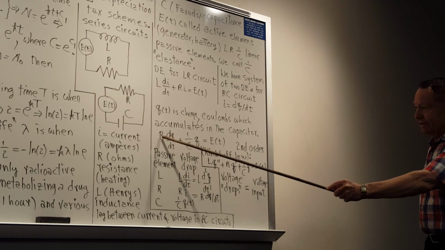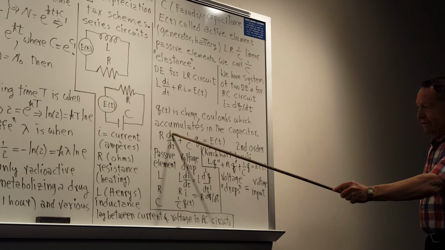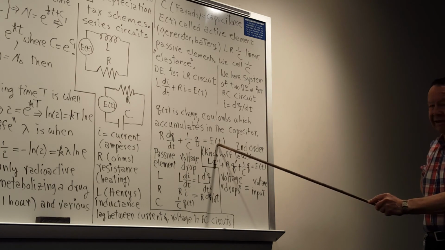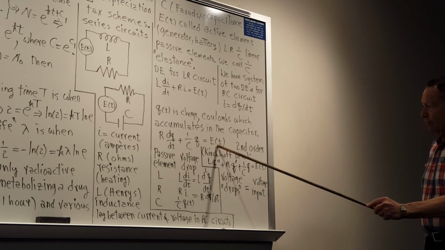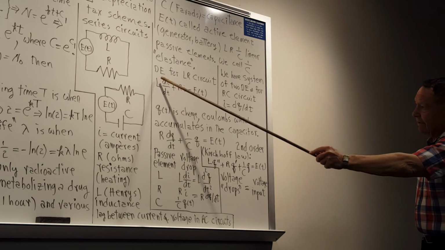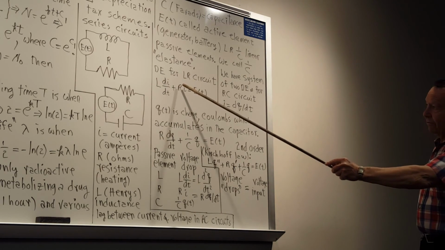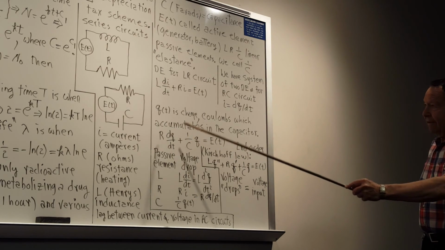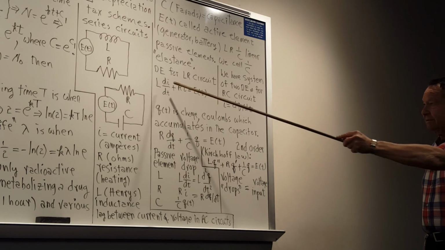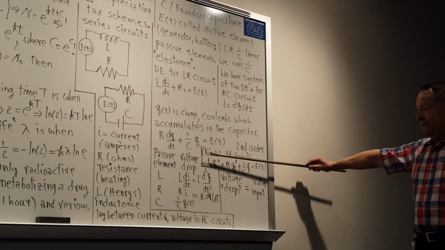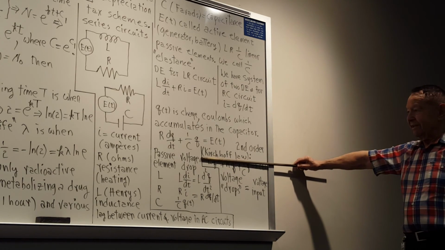The charge accumulates in the capacitor. That one looks like resistance times dQ/dt plus elastance times Q is the voltage from the active element. These products, like L di/dt or Ri or R dQ/dt, are volts. These products are called voltage drops. And the Swedish, I think, physicist was Kirchhoff.